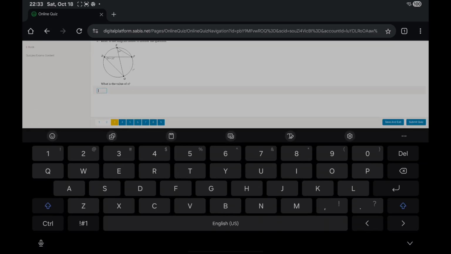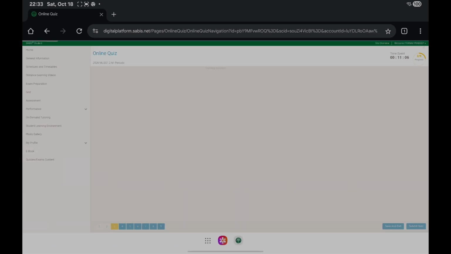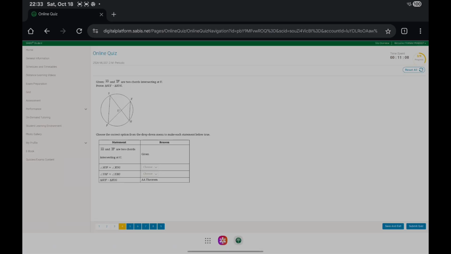Alright, these are the statements and reasons questions, so these are pretty easy. You need to prove that triangle SUF is congruent to triangle XUG.